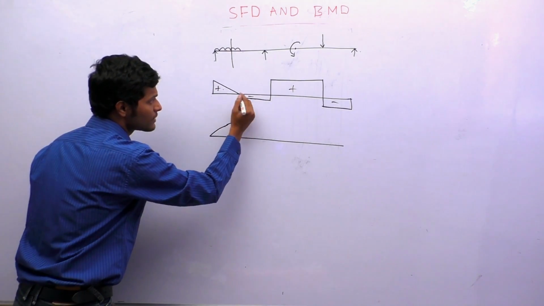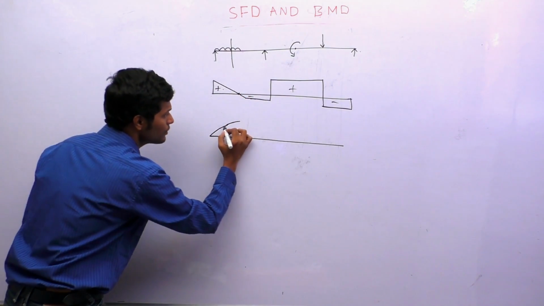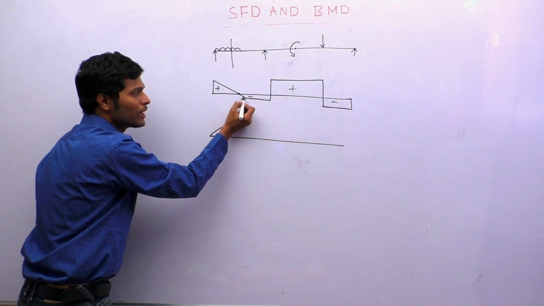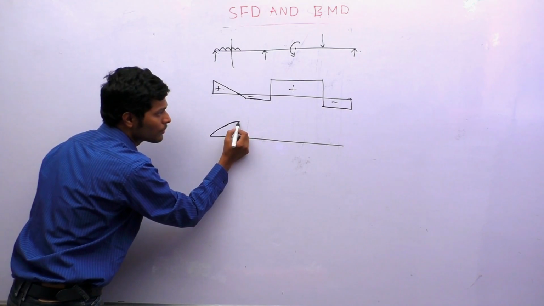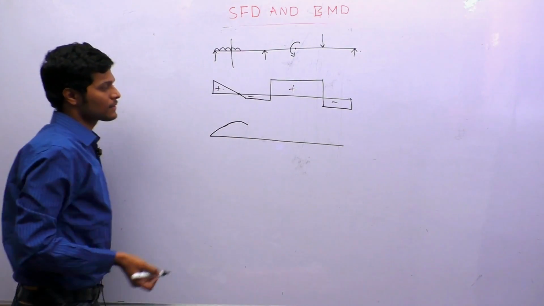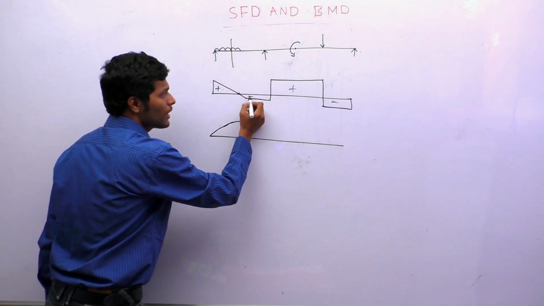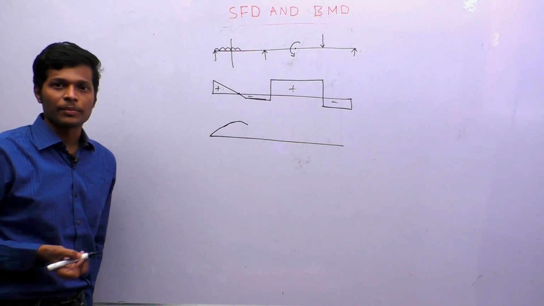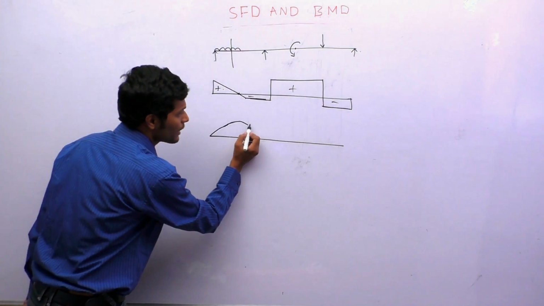Till here only it is rising because till here it is positive. Next, from here it is negative, falling means it is a falling parabola like this. So here also it is negative, but it is a rectangle.